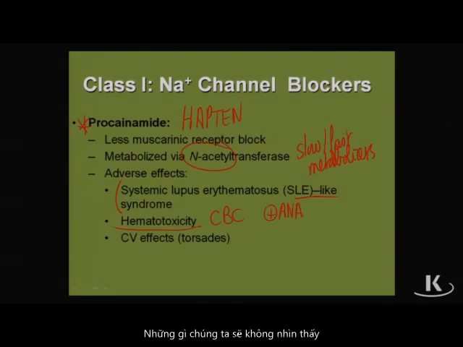What we will not see are positive double-stranded DNA and positive anti-Sm. The classic antibody to measure is the positive antihistone, which is very specific to the drug-induced form of SLE. Of course, finally, you remove the drug and the SLE-like syndrome should be over.